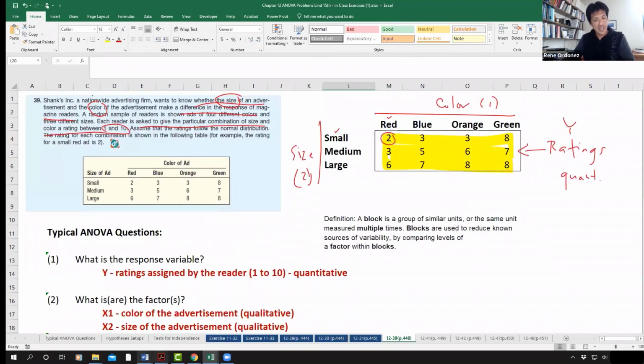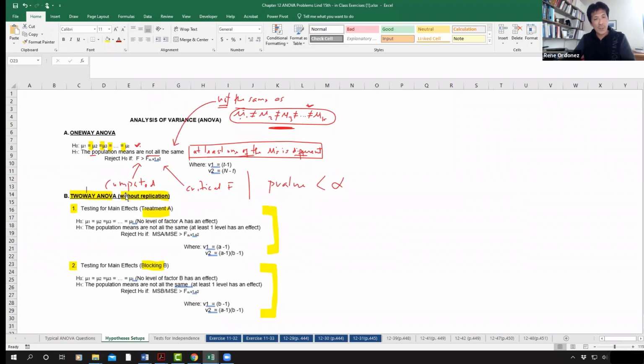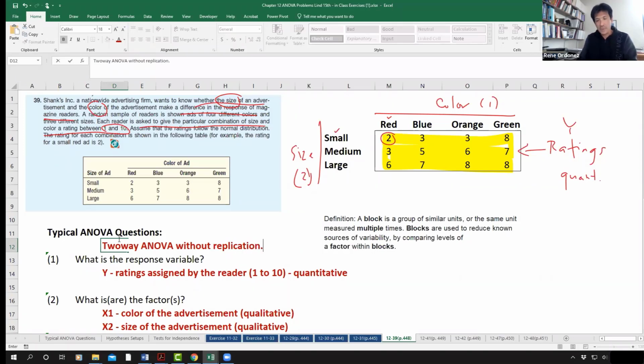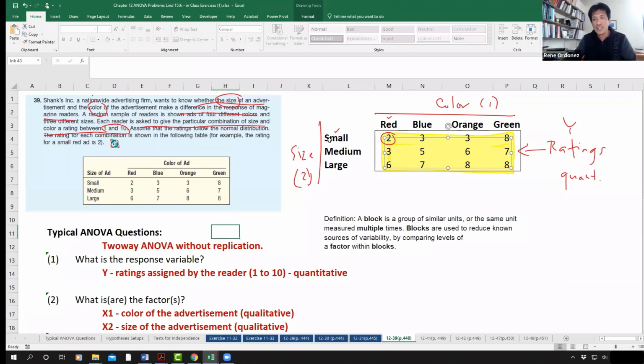So let's talk about what we mean by two-way ANOVA without replication. This particular example is a two-way ANOVA without replication. We can determine whether you're given a two-way ANOVA with or without replication depending on the number of observations that you see for each combination of factor A and factor B level.